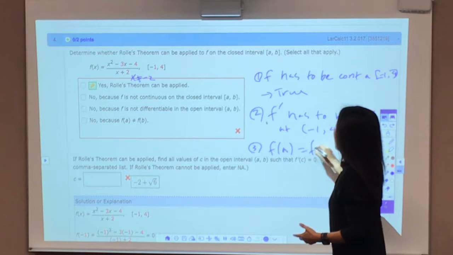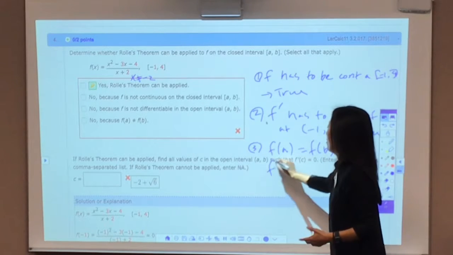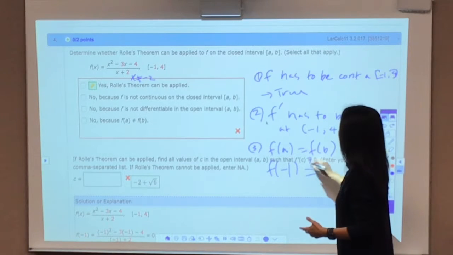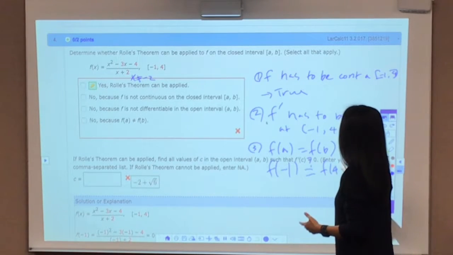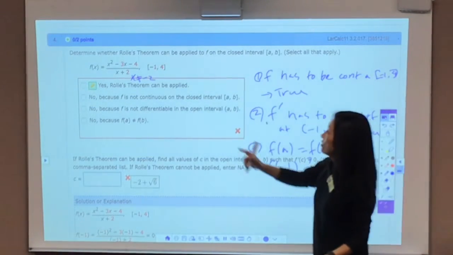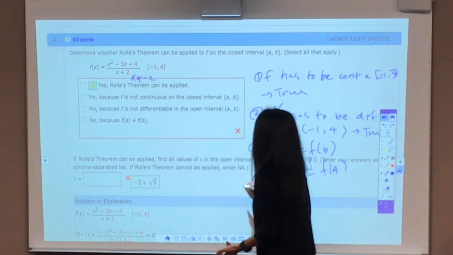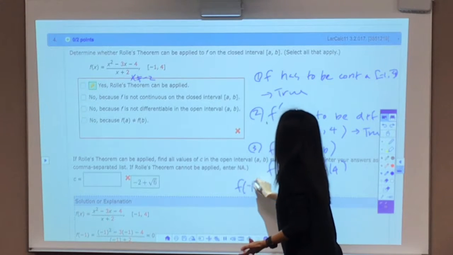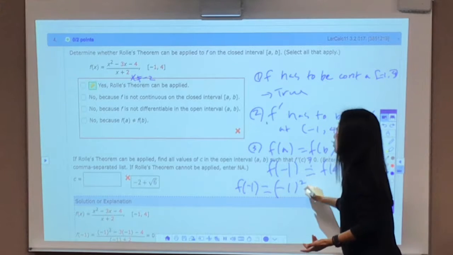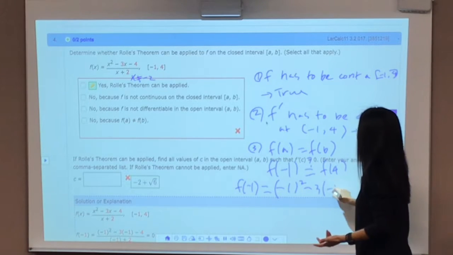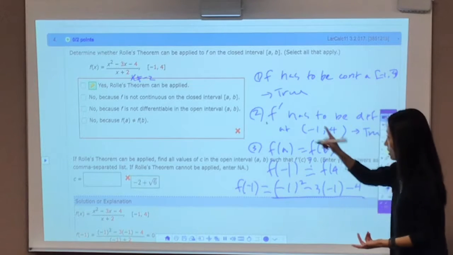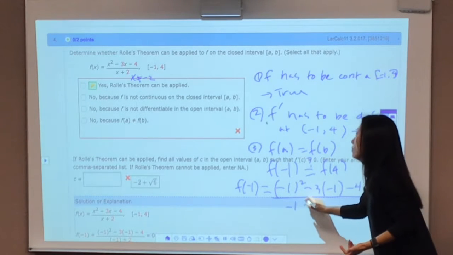That's right, f of a must equal f of b, which means f of -1 in my case. I'm asking, is that equal to f of 4? We need to try that, right? We need to plug that number in. So f of -1 means (-1) squared minus 3 times -1 minus 4, everything over -1 plus 2.